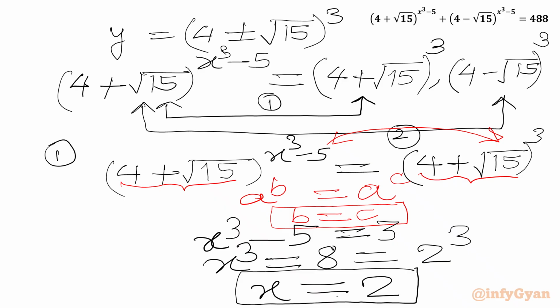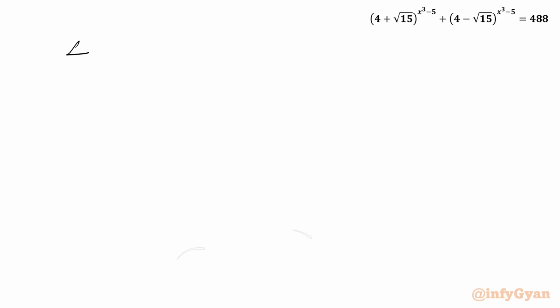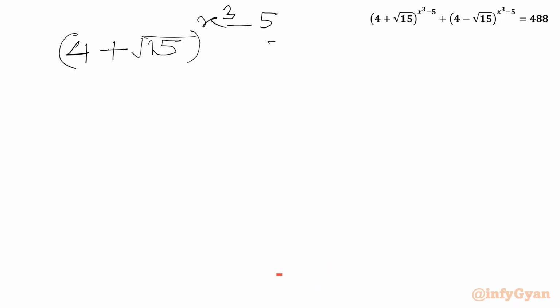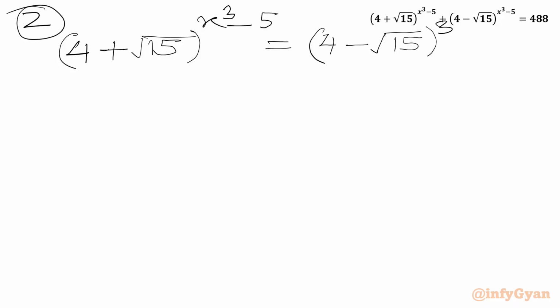Now we are going to consider our second equation. We will write 4 plus root 15 with power x cube minus 5 equal to 4 minus root 15 whole cube. This is our second equation.